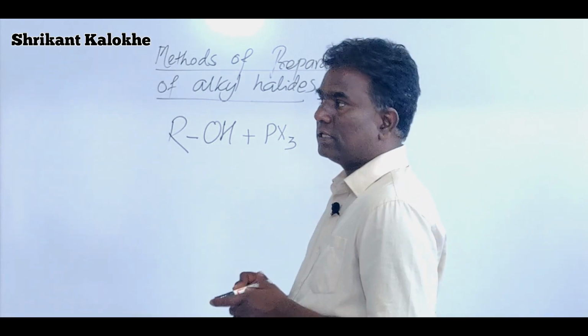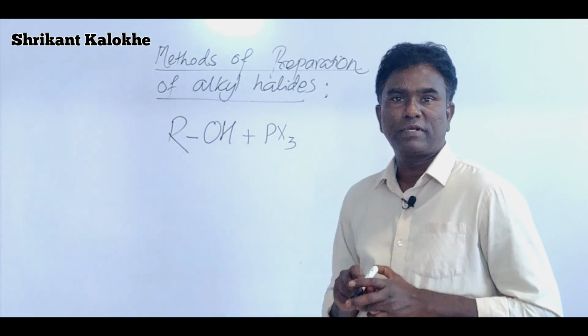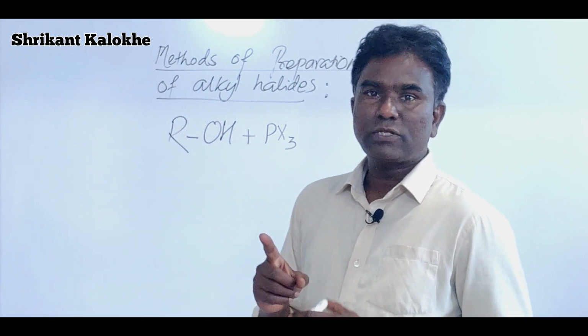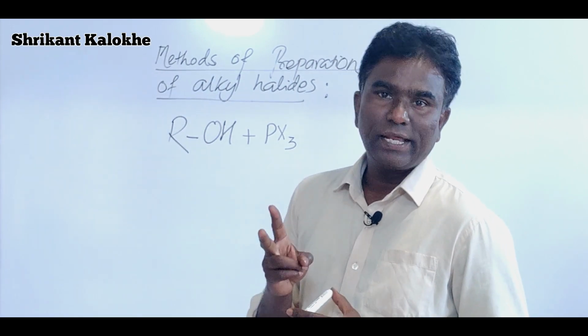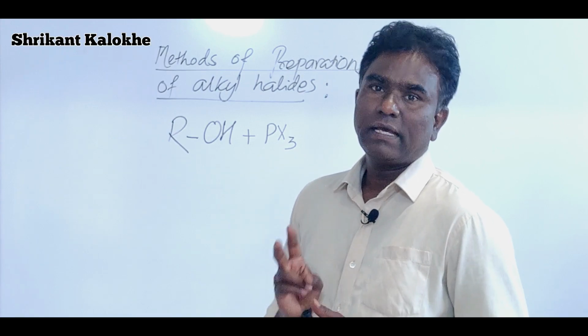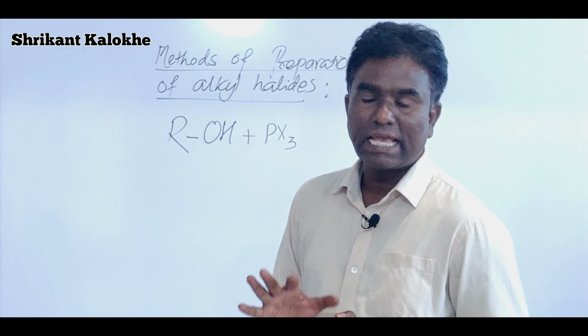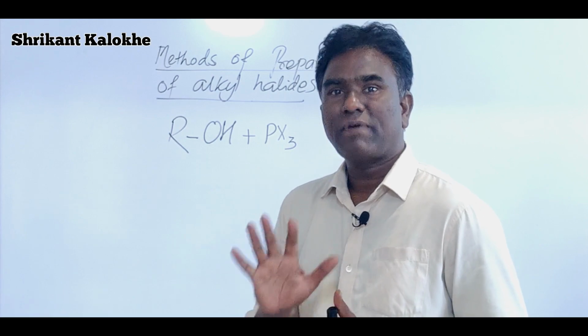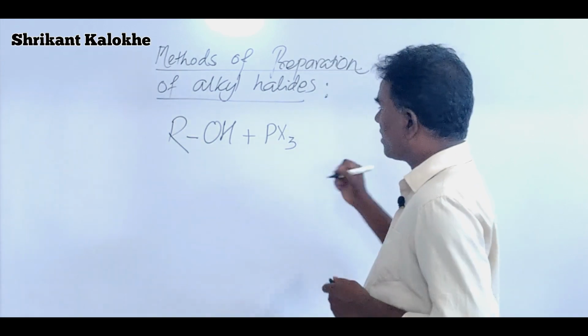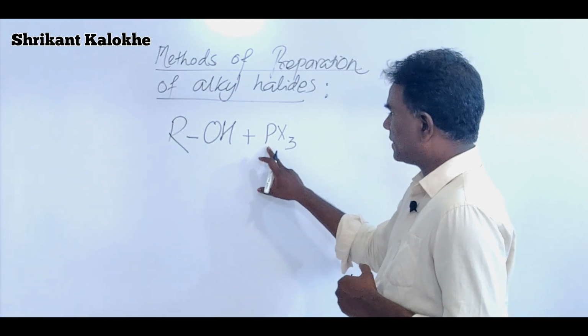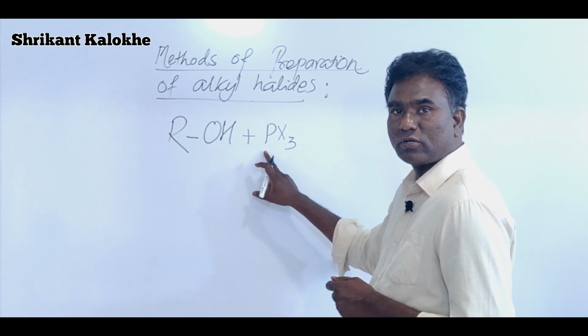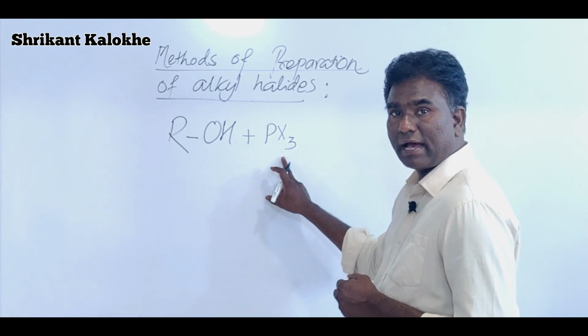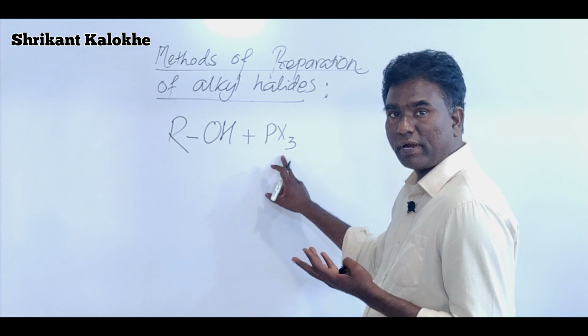You know the atomic number of phosphorus is 15. In first orbit it has 2 electrons, in second orbit it has 8 electrons, and in third orbit it has 5 electrons.